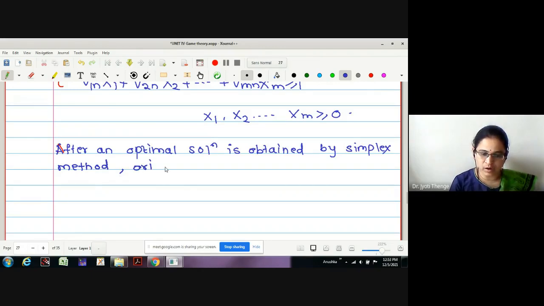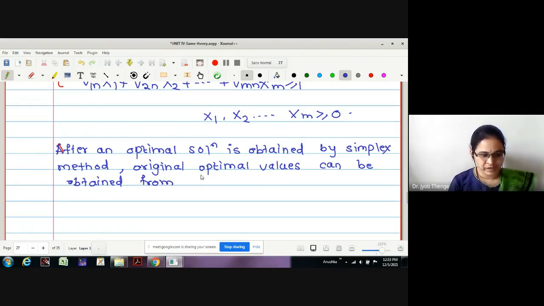Original optimal values can be obtained from the given transformation formula. It is resubstitution. Is that okay?